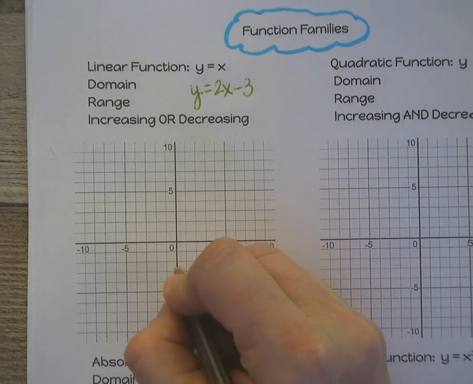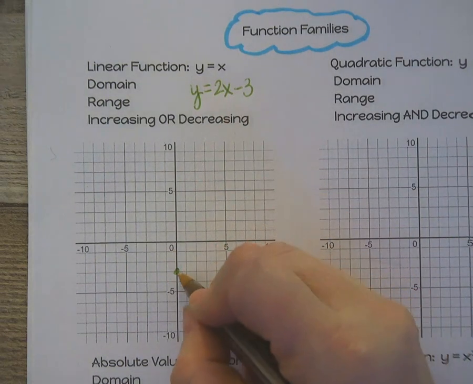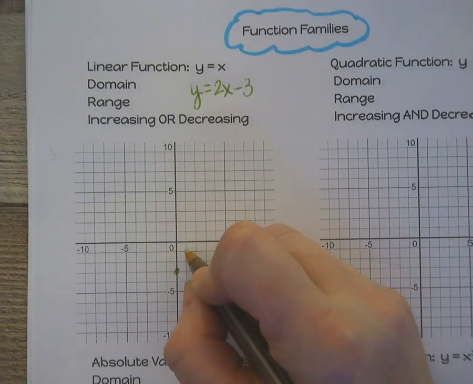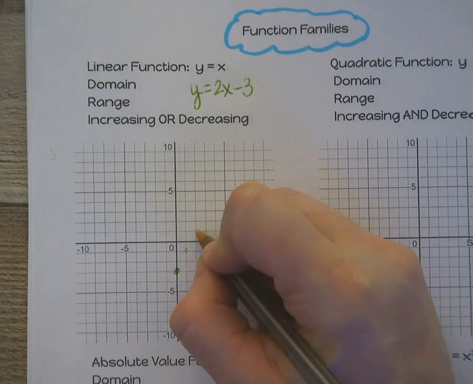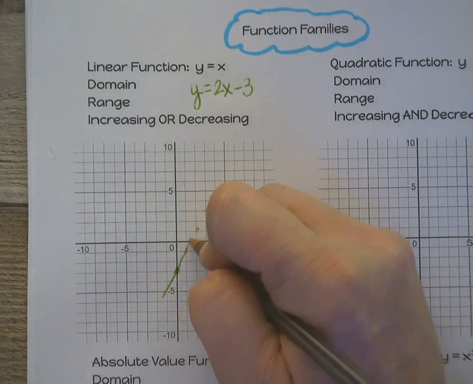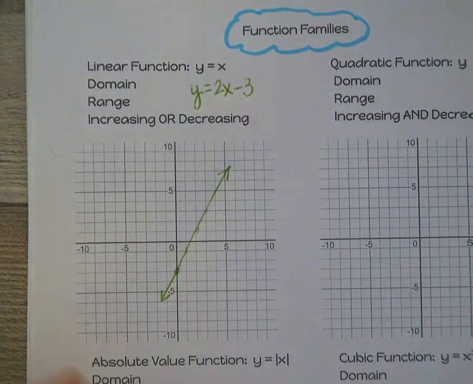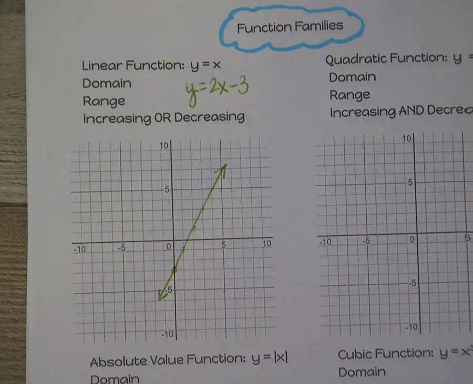So we go on the y-axis to negative 3, and we have a slope of 2, so from that point, we rise 2, run 1. When we connect these, we see exactly what we've been seeing all year, a line that's continuing in both directions. This is what all linear functions look like.